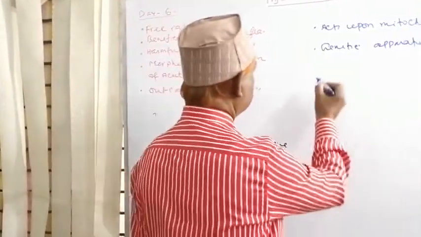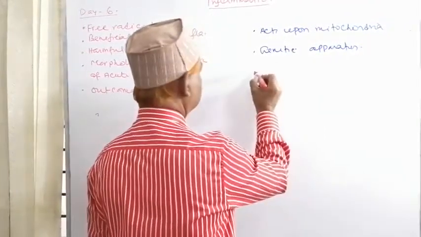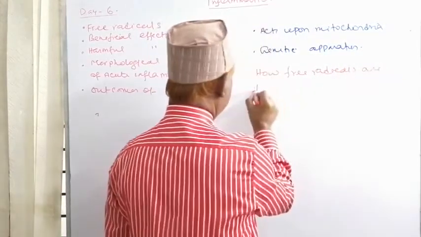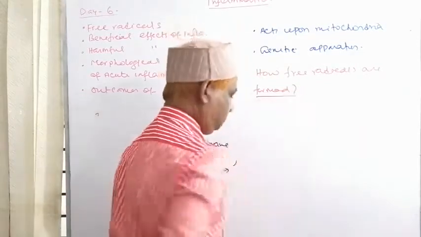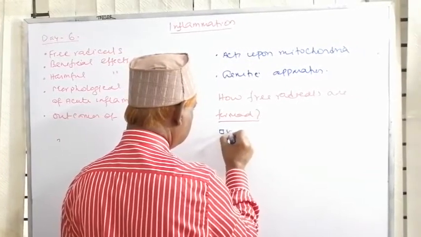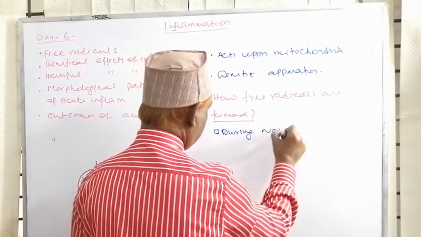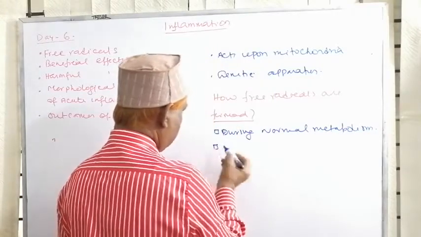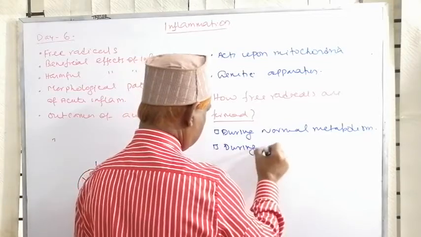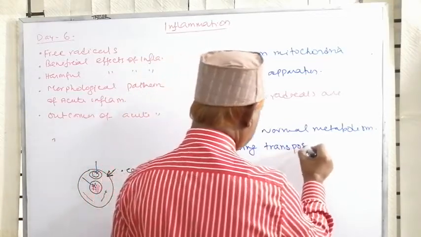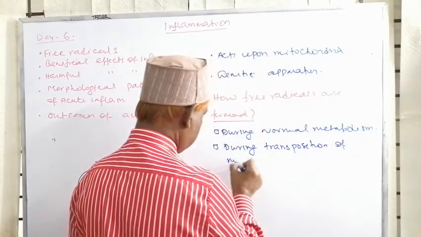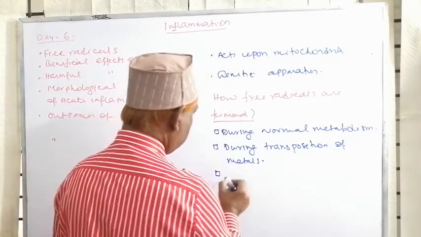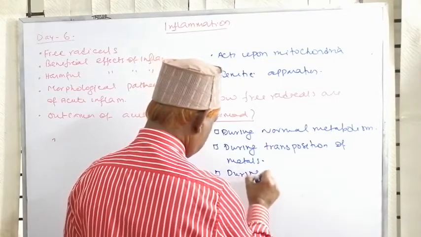Now come to how free radicals are formed in our body. How are these formed? They are formed during normal metabolism, during transposition of metals, and during drug metabolism.